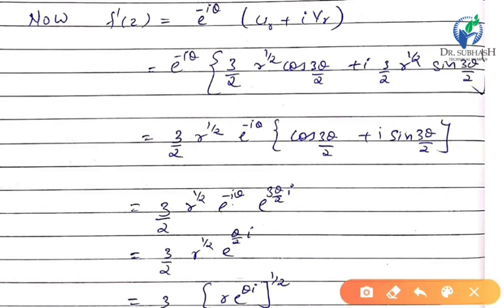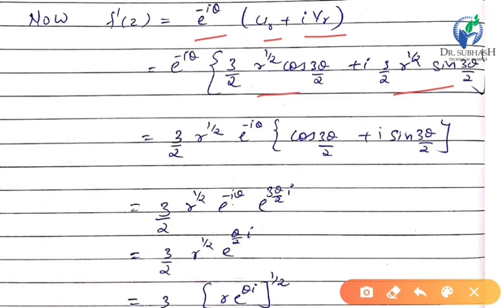Okay. So, f dash z equal to e raised to minus i theta times (u_r plus i v_r). This is the formula which we need to remember. I have substituted the value of u_r and v_r over here.